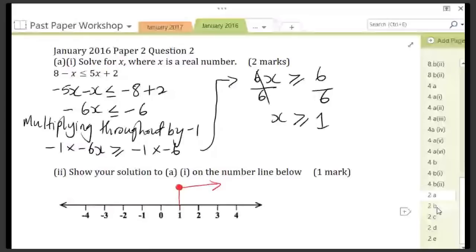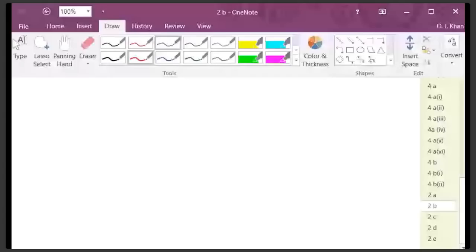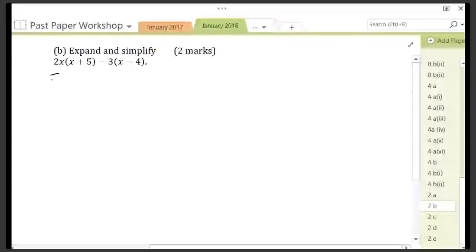All right, part B, expand and simplify for 2 marks. So we're just going to use the distributive law here to expand this. So this is 2x squared. 2x multiplied by 5 here is 10x, minus 3x, and a minus times a minus is a plus, 3 by 4 is 12.